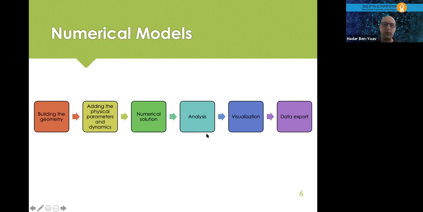For example, if we solve the flow in a channel and want to know the flow 10 microns away from the channel walls, the analysis extracts the actual velocity at 10 microns from the wall. We do visualization, either plots or figures, and eventually export the data.